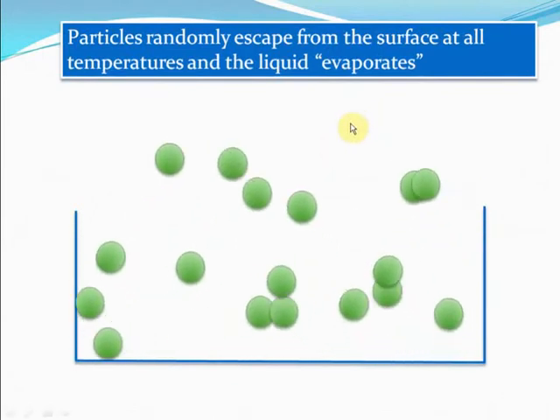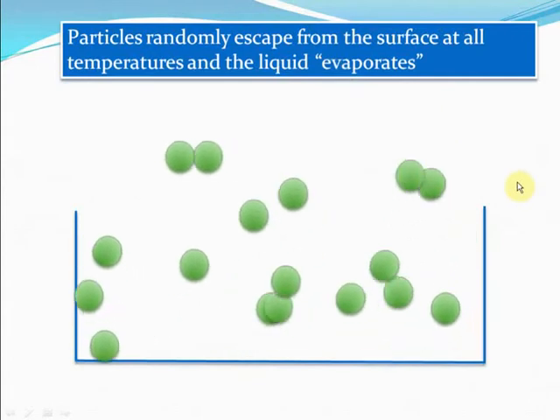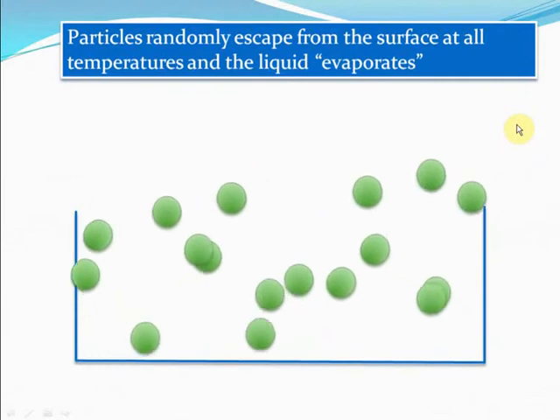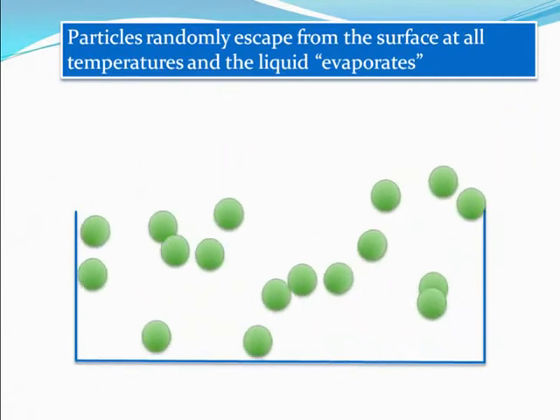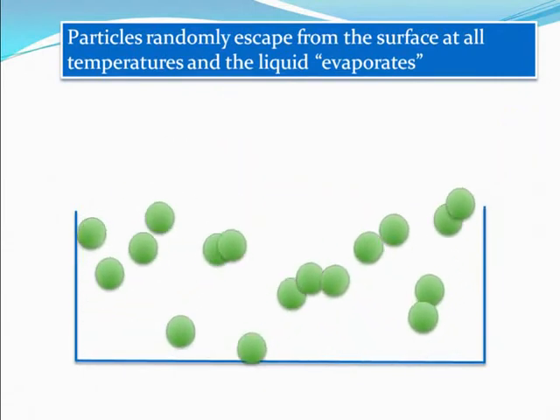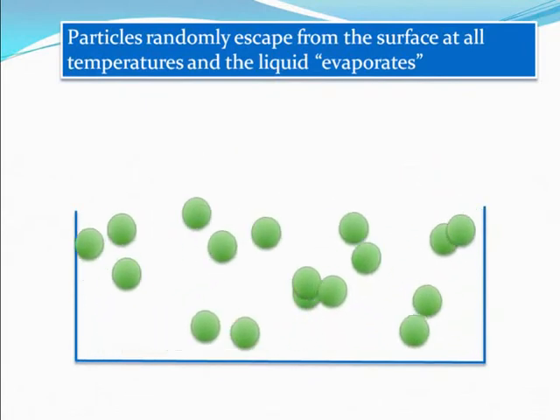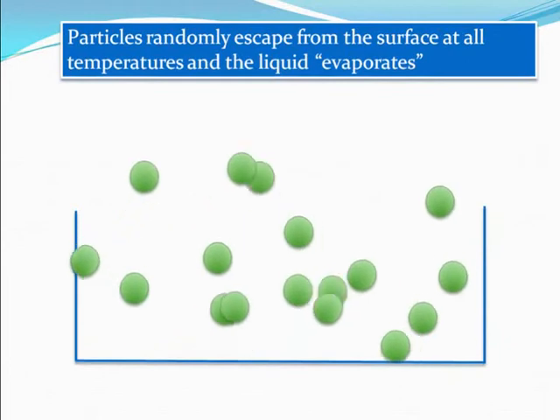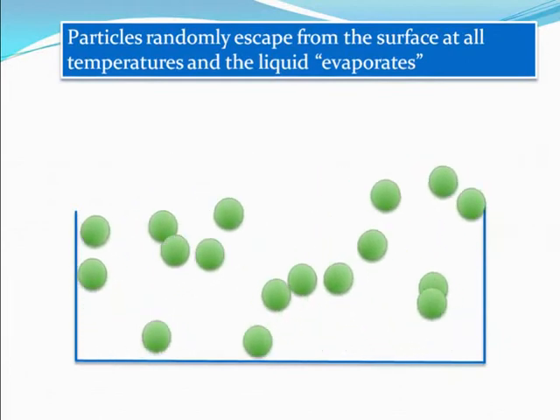So that was the explanation of exactly how a liquid evaporates. Understood? This might seem a bit complicated at first, but if you carefully visualize how the particles at the surface are moving faster and how some of them just randomly escape after some time, you'll understand evaporation.